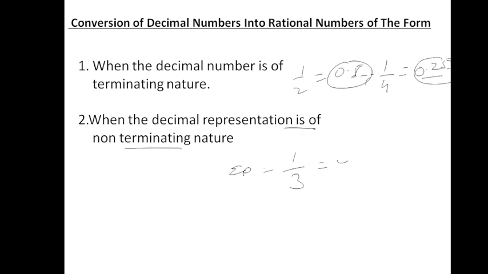When we divide 1 by 3, we got 0.3333 and so on. After the decimal we continuously got a pattern, like 3 continuously. This is the nature of non-terminating decimals. This is an example of a non-terminating decimal.